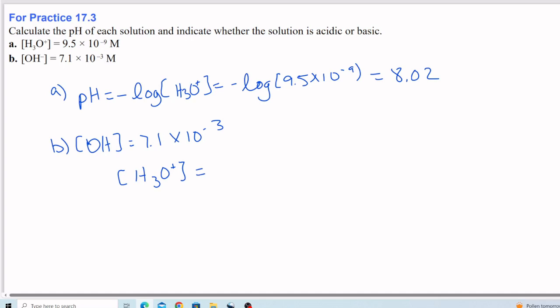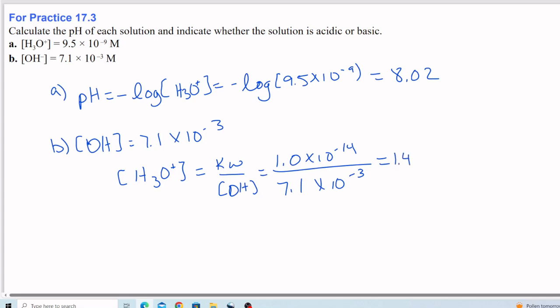So the hydronium ion concentration is equal to the Kw over the hydroxide ion concentration. And so that's equal to 1 times 10 to the minus 14 divided by 7.1 times 10 to the minus 3. And if you don't remember how to solve for H3O plus here, just review some of the previous videos in this playlist. And that gives us 1.4 times 10 to the minus 12.